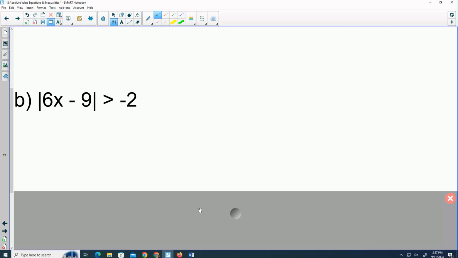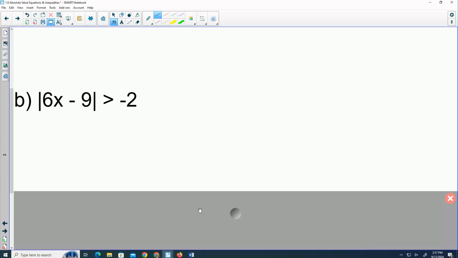Alright. If I look at this one. So and or. Or. It's a greater than. So how do we solve this? What did we do on those in the past? 2 separate ones. Okay, so one of them, you just drop your absolute value.